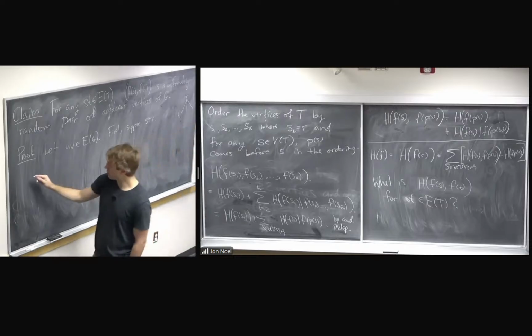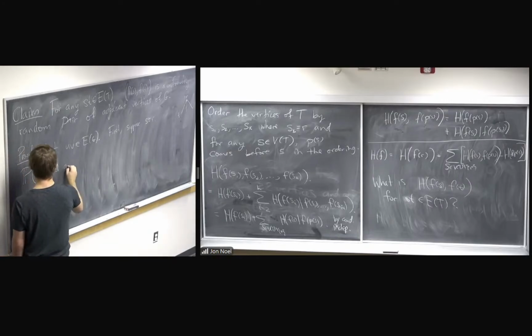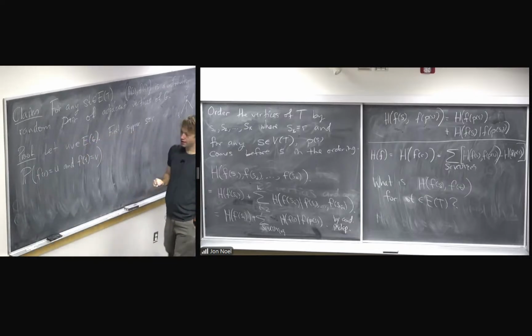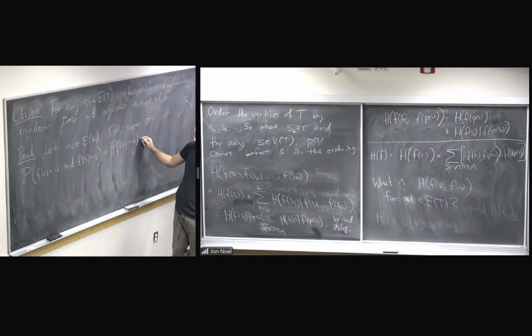What is the probability that f of r is equal to u and f of t is equal to v? I can compute this directly. Using basic probability rules, this is the probability that f of r is u, times the probability f of t is v, given that f of r is u.